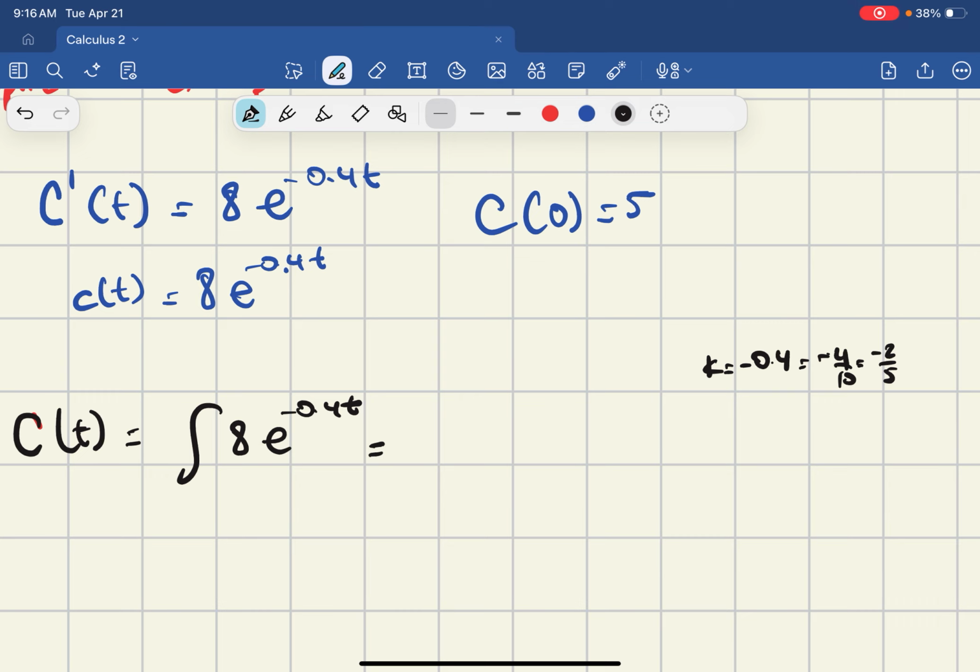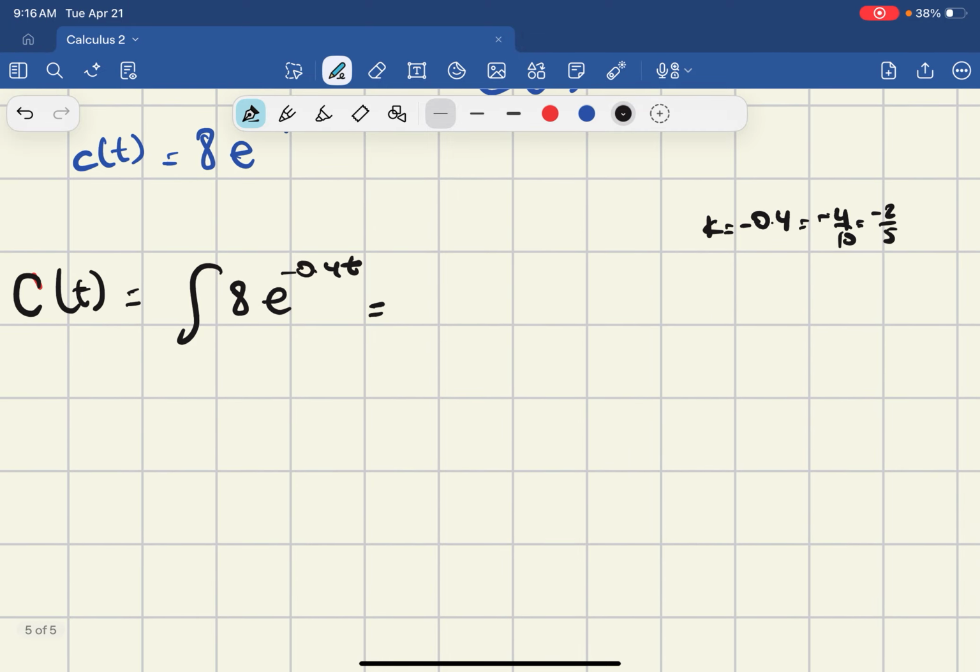This kind of problem is a pharmacokinetics problem, where we're looking for the change of concentration in the blood, where the rate of concentration in the blood is proportional to the current concentration. So now we can integrate this.